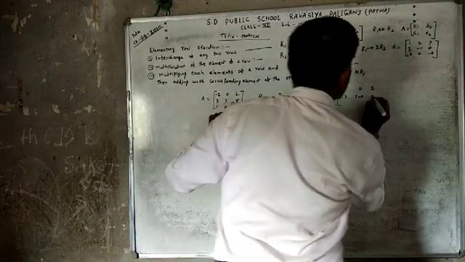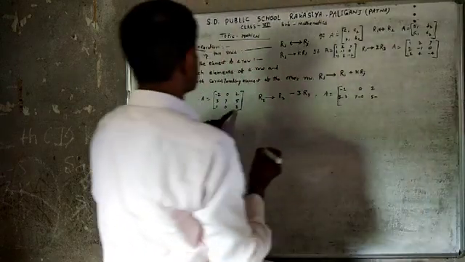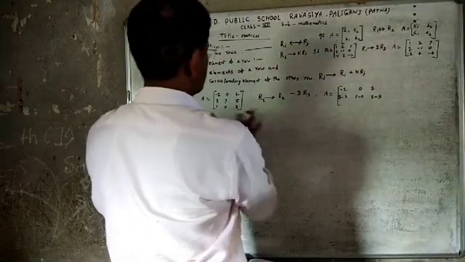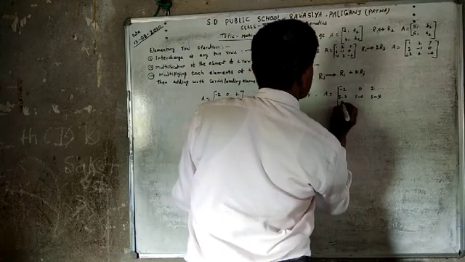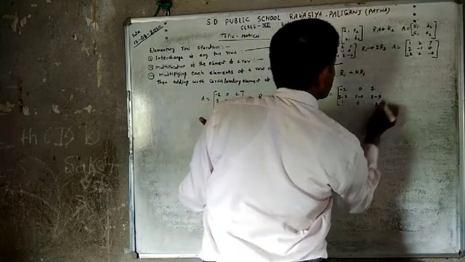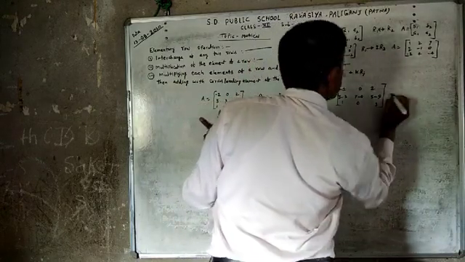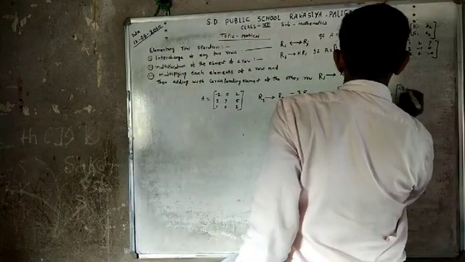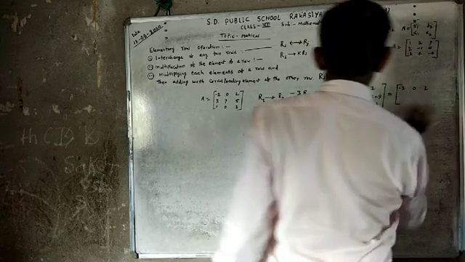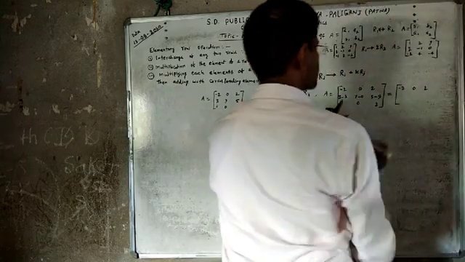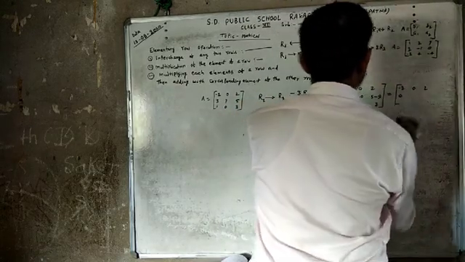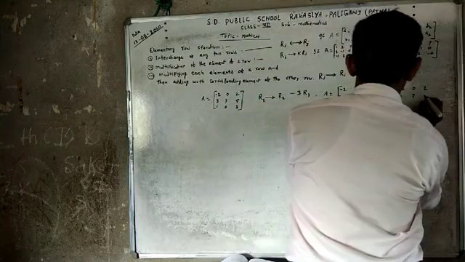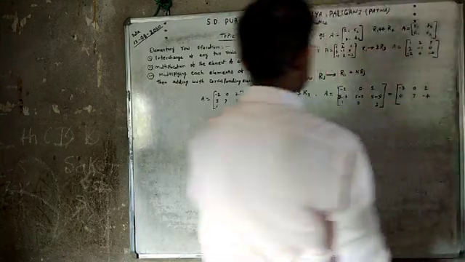Now 5 minus 3 into 3, which is 9, and the third row has no change: 1, 0, and 3. Hence the matrix is: -2, 0, and 2; 3 minus 3 equals 0, 7 minus 0 is also 0, and 5 minus 9 equals -4; 1, 0, and 3.